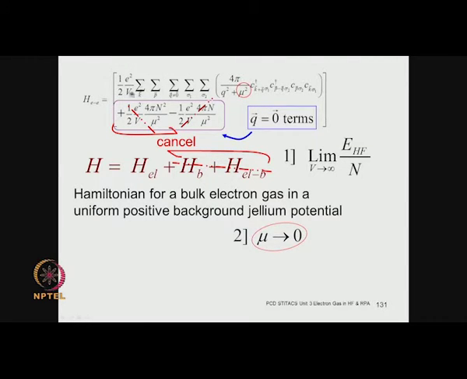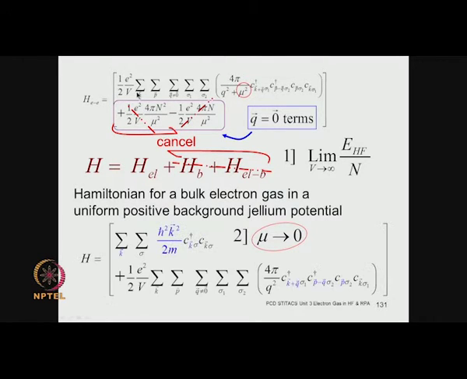And if you now write the electron-electron Hamiltonian after taking these limits, then you have the full Hamiltonian in which you have the kinetic energy part, and then the electron-electron interaction term in which q is not equal to 0, because q equal to 0 terms have already been taken care of, since they cancel the jellium background part and also the electron background part.